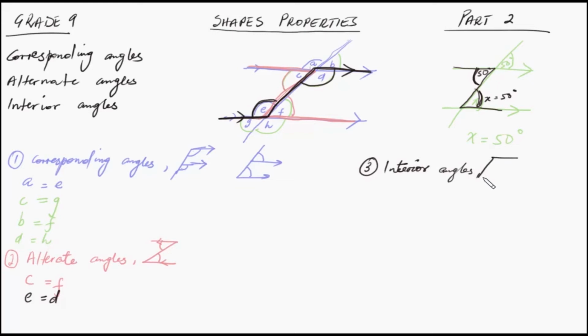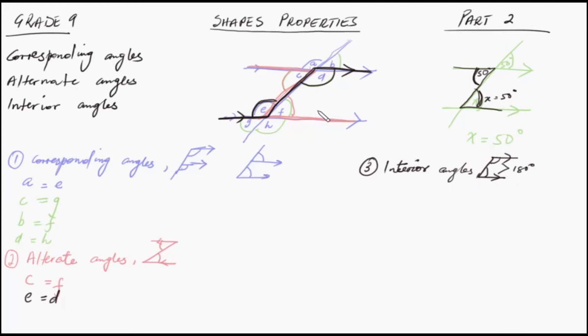I talked about them in our previous lesson like this. This angle and this angle are interior angles. And I've told you that they are interior supplementary. Now it means these angles add up to 180 degrees. We have seen this. I just wanted to hammer on it for convenience.